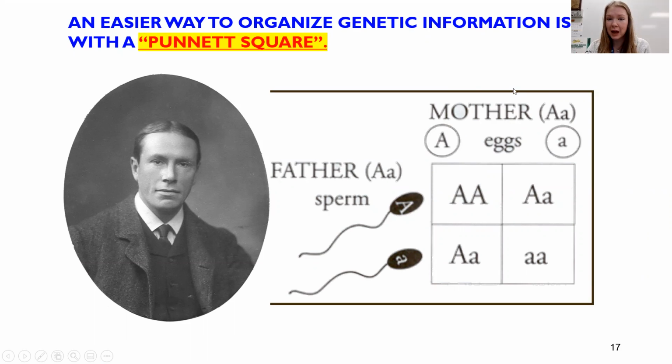We each have 2 alleles, and the gametes are only able to donate half of that, which is how we get variation in the next generation. So we're able to easily display what the mother donates, what the father donates, and the probability of each trait being displayed.